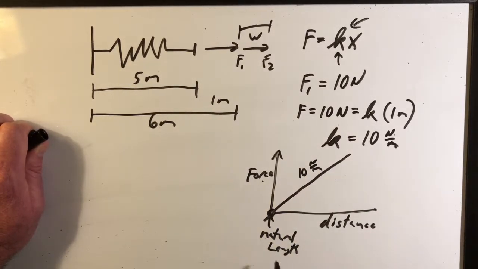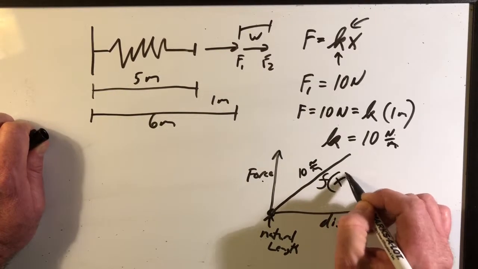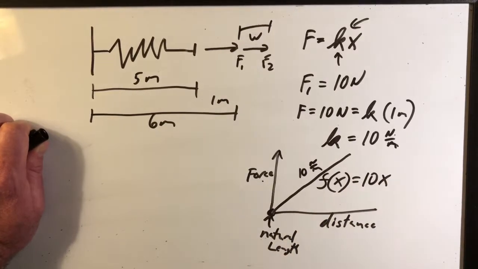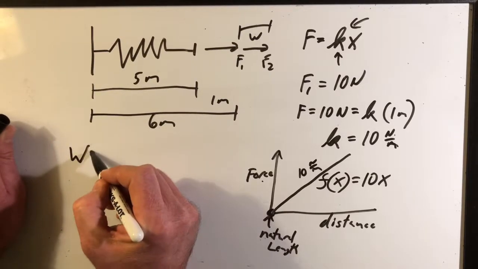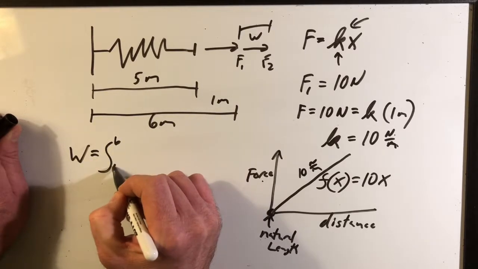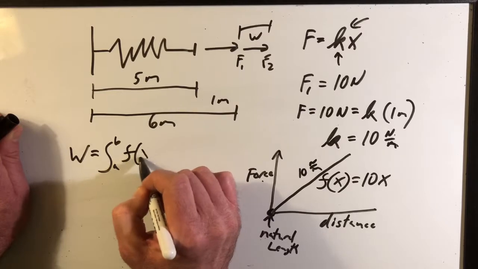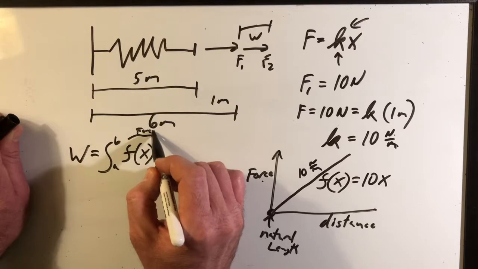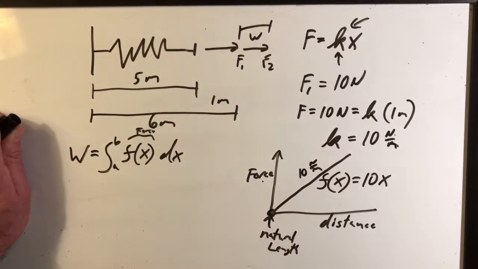Okay, so looking at that, my function is just really 10x. So the equation for work is simple enough. It's the integral from a to b of your function, which is really force, dx, the distance that you go through.